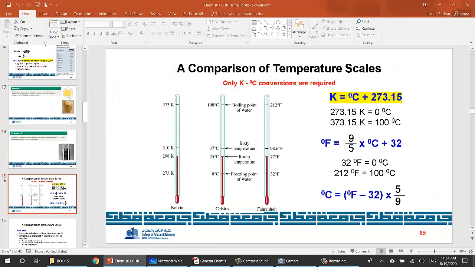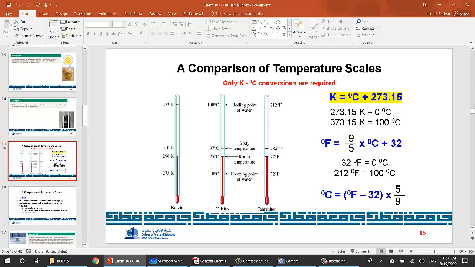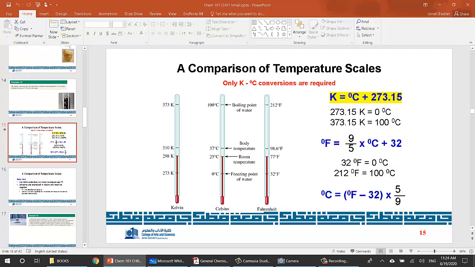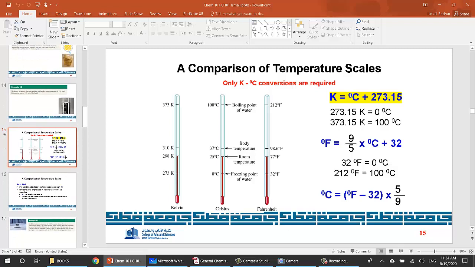Temperature. We said that the SI unit for measuring temperature is Kelvin. However, there are other units to measure temperature. Usually we use Celsius in the Middle East to say that the temperature today is 50 Celsius or 35 Celsius, whatever. In other places in the world, they use Fahrenheit, which is another unit to measure temperature. Like in the United States, they say the temperature today is 80 Fahrenheit.